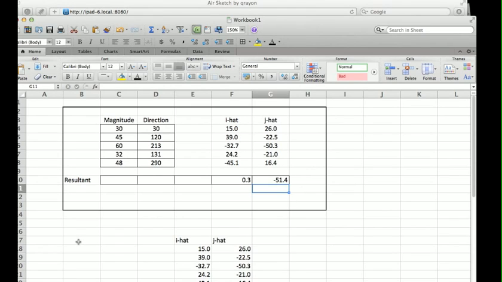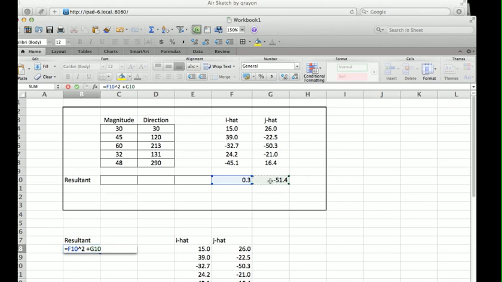Okay, so if I want to find the resultant magnitude here, then that's going to be pretty easy. I can do that right now. Resultant would be Pythagorean's theorem. So I'm going to equal this squared plus that one squared.